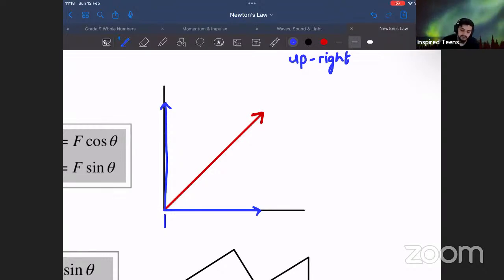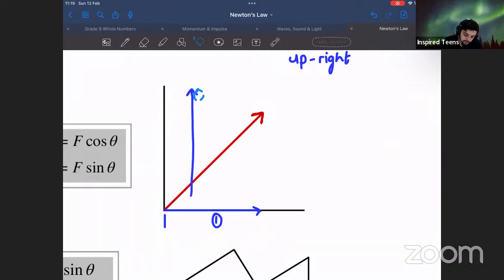Now let me show you how this makes sense. Remember we learned about the resultant vector, and we learned that the resultant vector is a single vector that can have the same effect as two or more vectors. So I've just drawn them both on this set of axes. If I decide to do the head to tail method, this is my first vector, and then my second vector, I'm going to move to the head of the previous.